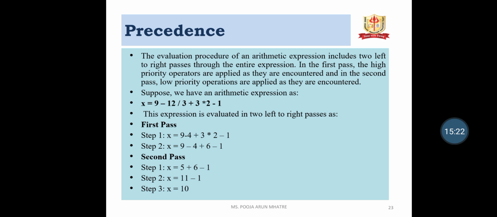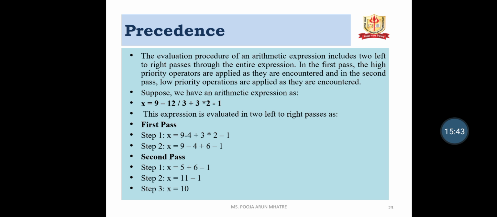The evaluation of an arithmetic expression, for example, x equals 9 minus 12 divided by 3 plus 3 multiplied by 2 minus 1. In step 1, x equals 9 minus 4, that is 12 divided by 3 is 4, plus 3 multiplied by 2 minus 1.